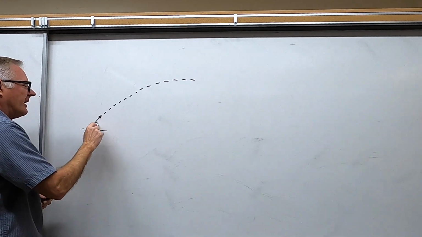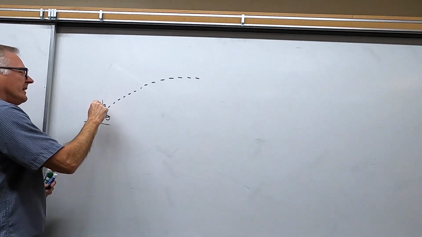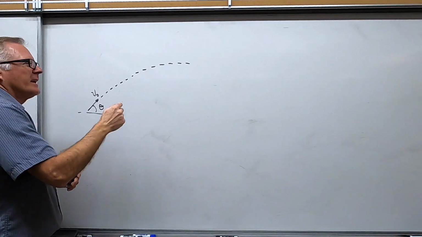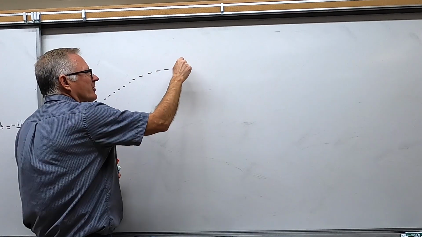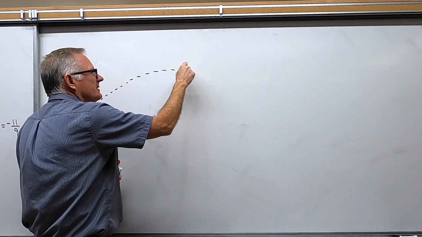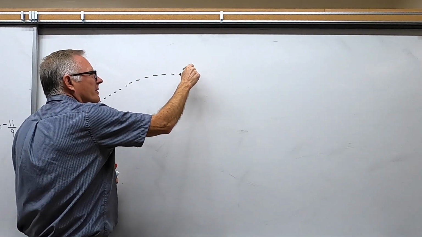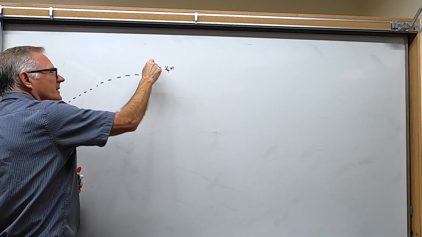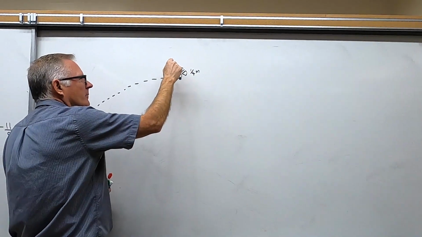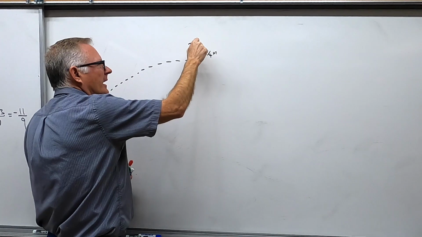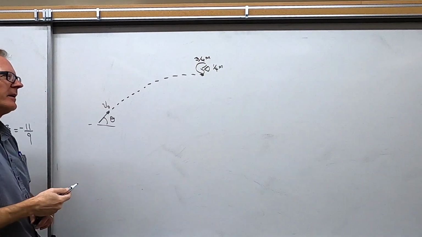It was shot out at some angle theta, at some v naught. And then when it got to its highest point, it exploded into two pieces. One of them was 1/4 the mass, and the other one was 3/4. I'm not sure if those are the exact numbers, but it's something like that.